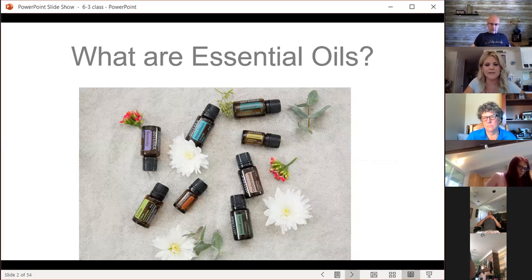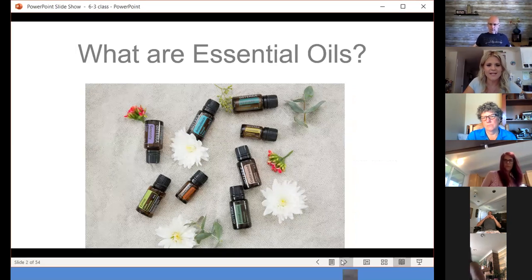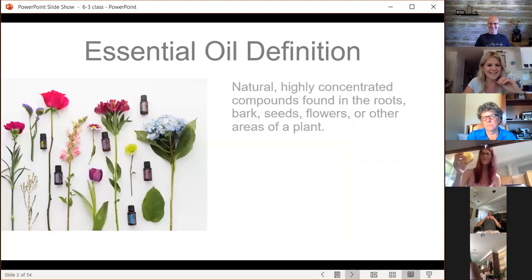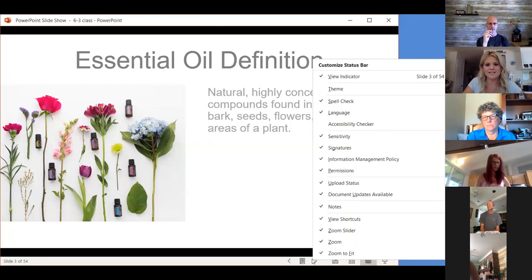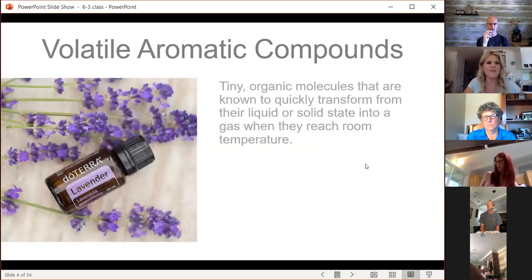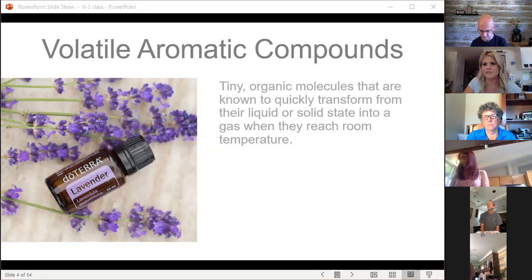However, if you were to peel a lemon, like Leslie's probably doing right now, you get a little squirt of those aromatic compounds coming up into the air. So it's a highly concentrated compound of the plant. And they're a volatile aromatic compound, which is a tiny molecule that transforms from its liquid state into a gas when it reaches room temperature.